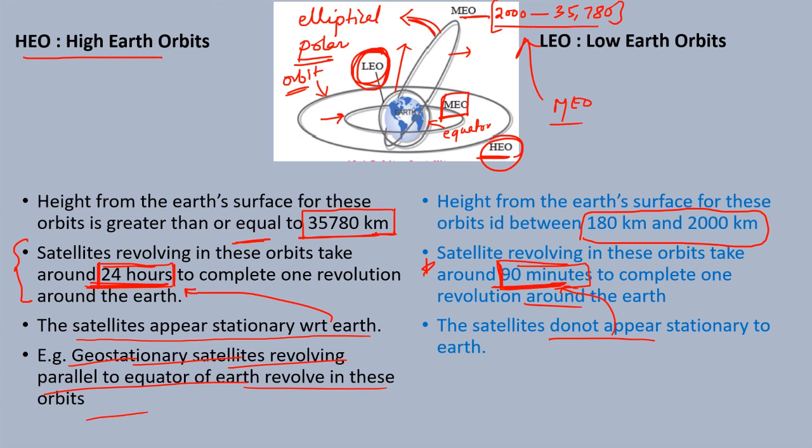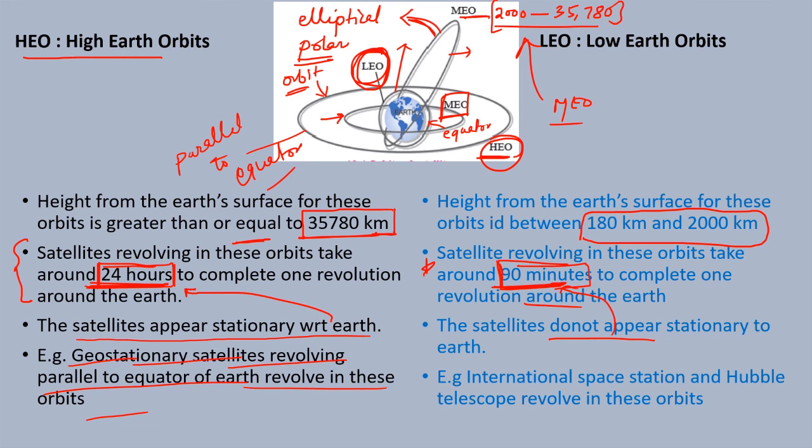They all revolve in these orbits, high Earth orbits. Examples of low Earth orbit are the International Space Station and the Hubble telescope, which are revolving in these orbits. So this was all the difference between LEO and HEO.